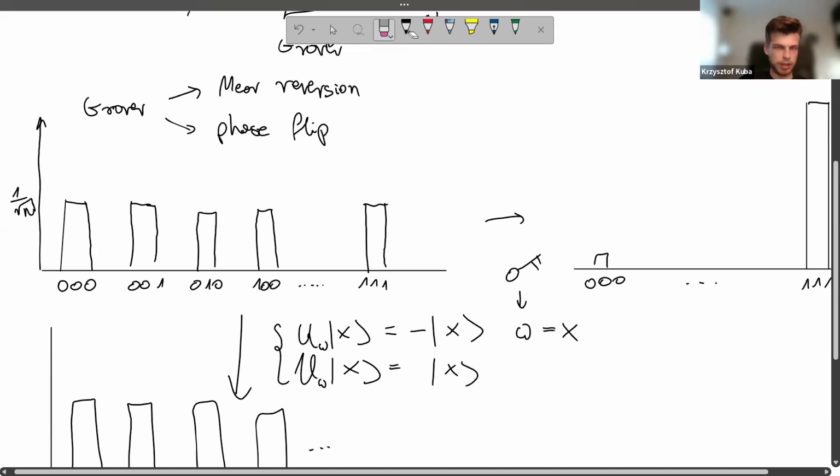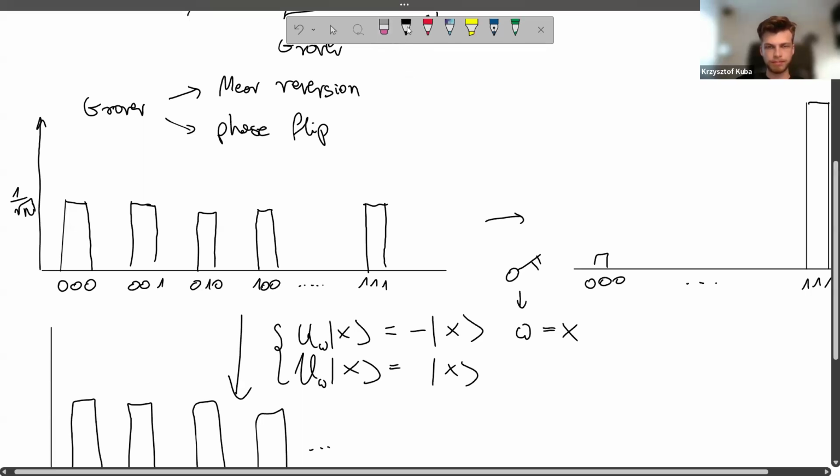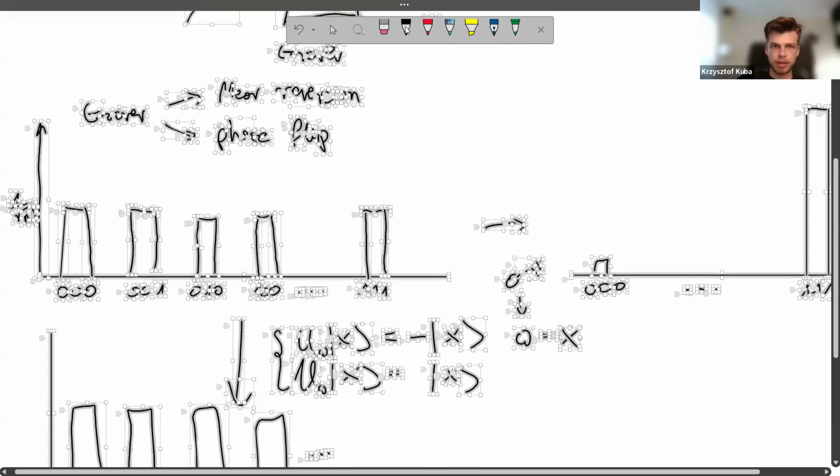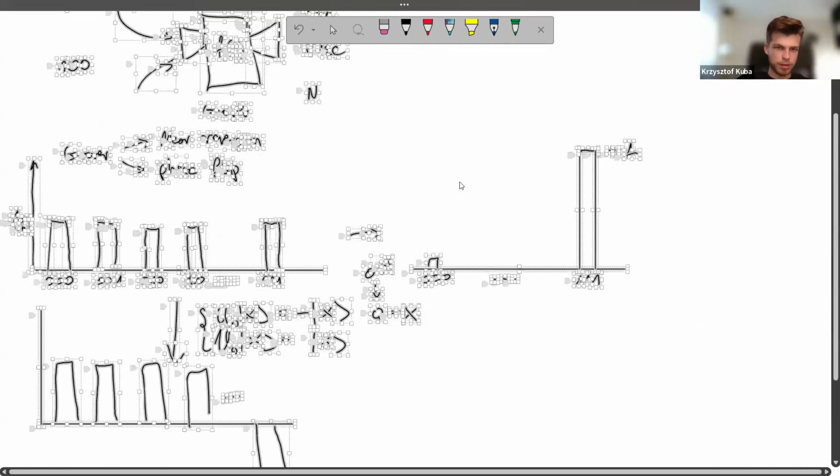And once again, I have the issue with my pen. Oh, no. I'm sorry, this is not supposed to happen.